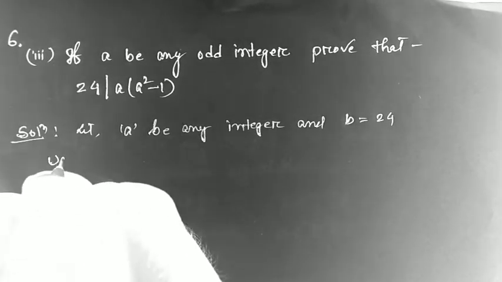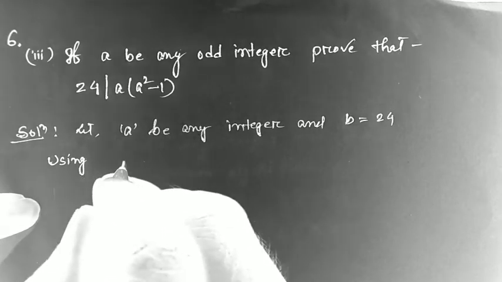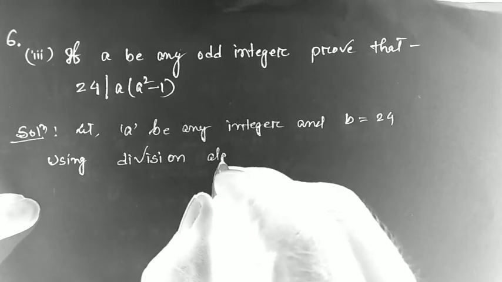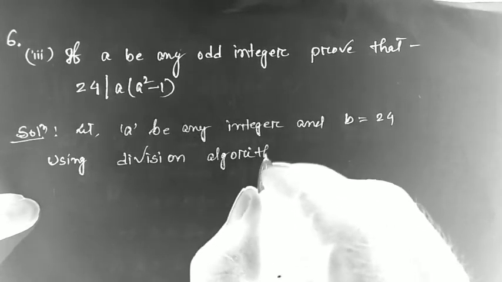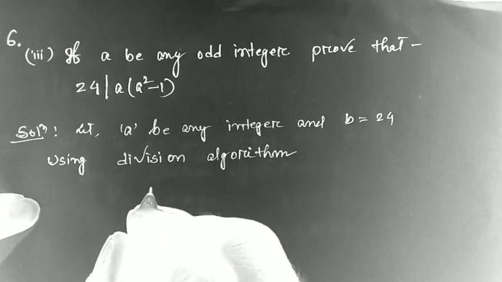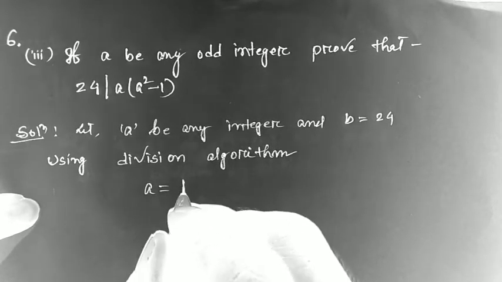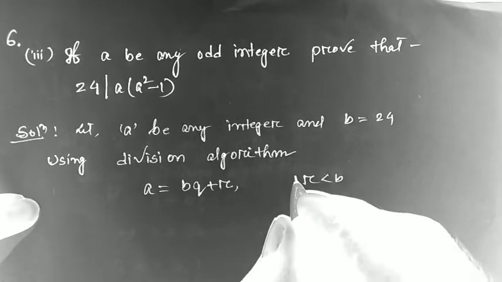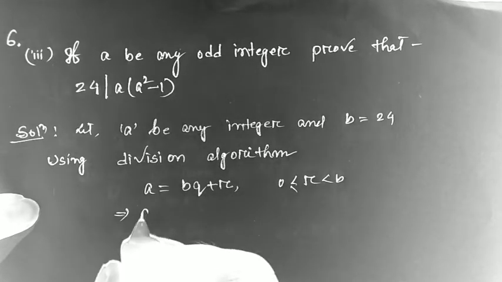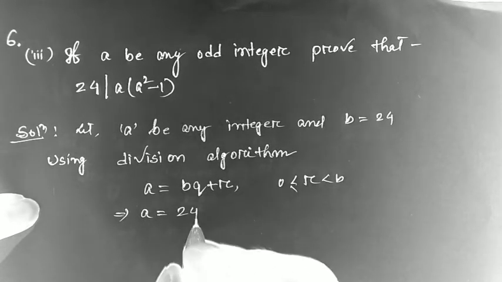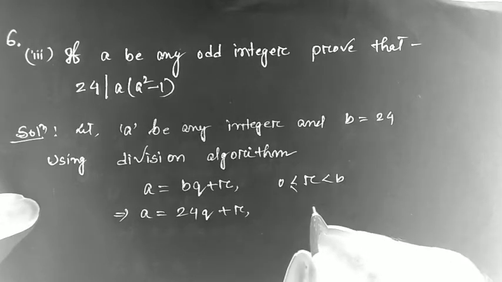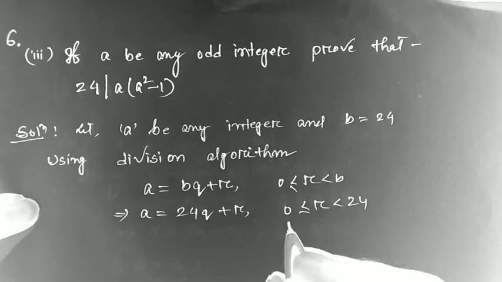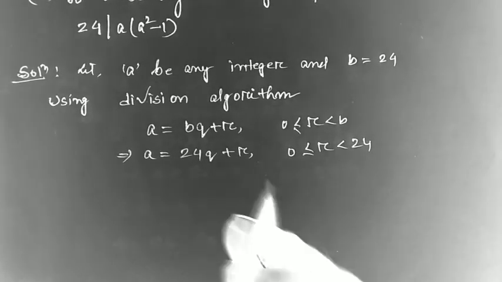So using the division algorithm we can write a is equal to bq plus r, where r is less than b, greater than equal to 0. Now we have b means 24, so 24q plus r, where r is less than 24, greater than equal to 0.